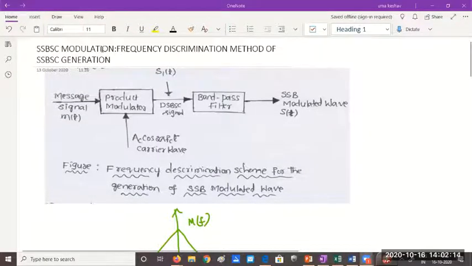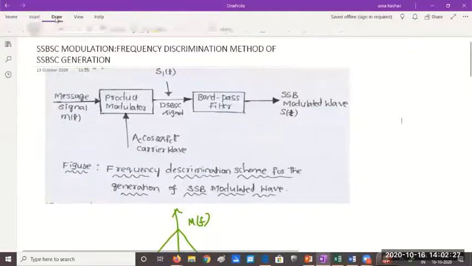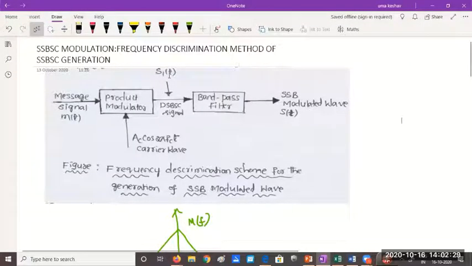In order to do the frequency domain analysis, we consider the first method of SSB-SC generation, also known as the frequency discrimination method of SSB-SC generation.